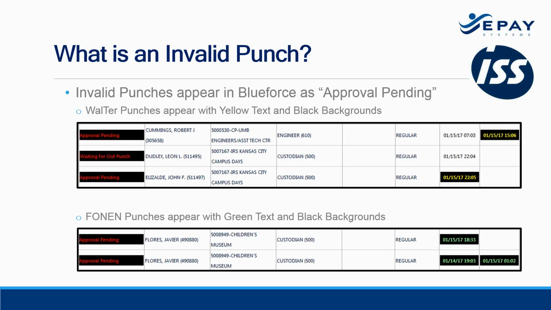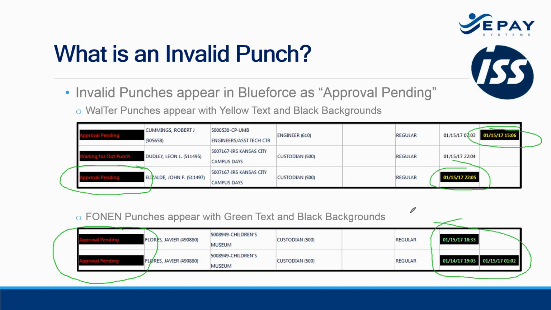These are some examples of how the approval pendings would show up on the time cards. You see approval pendings. The major difference of the two here is the backgrounds of the actual punches. Over here on the right-hand side, these punches have different text colors. If they are in a black background with yellow text, that means they are from the Walter device or from the mobile punch.